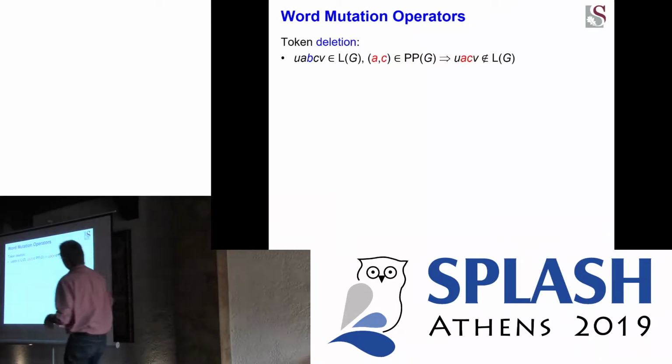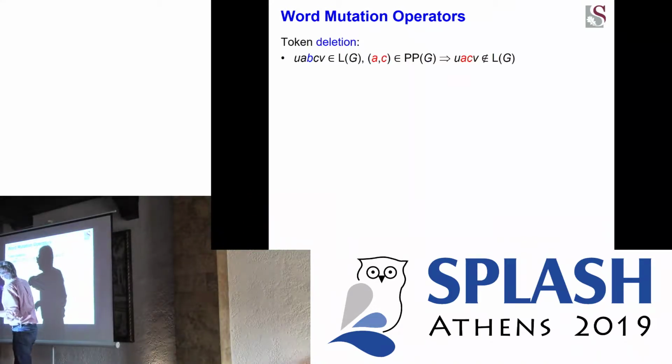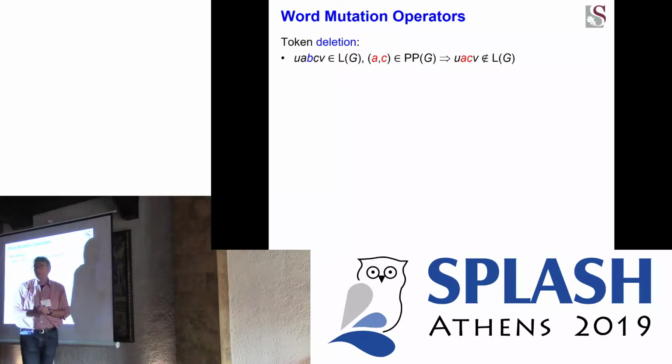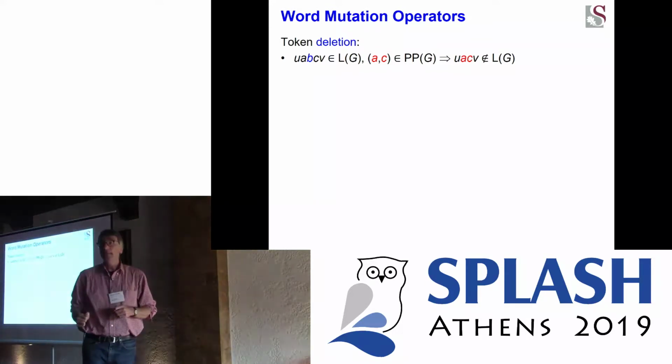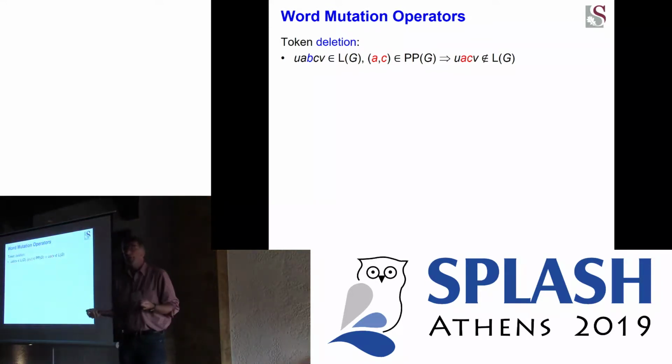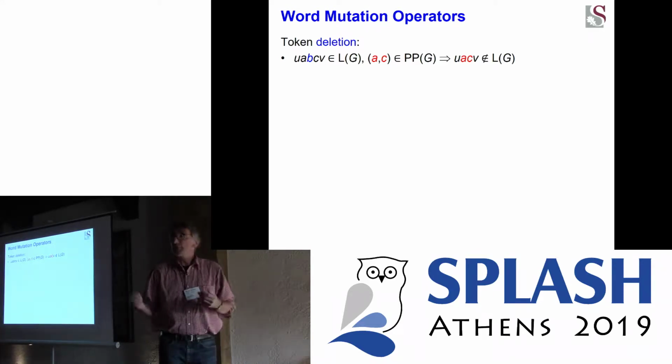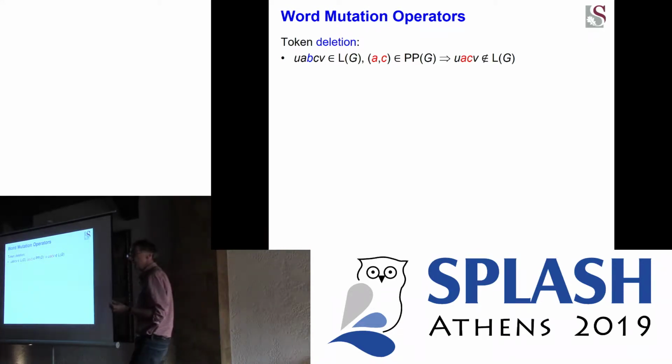So if we have a string with ABC in the middle, and we know that AC is a poison pair, then we can delete B, and the remainder is guaranteed to be illegal, contain a syntax error. Right? That's just lifting the standard delete operation from string editing to the level of grammars.